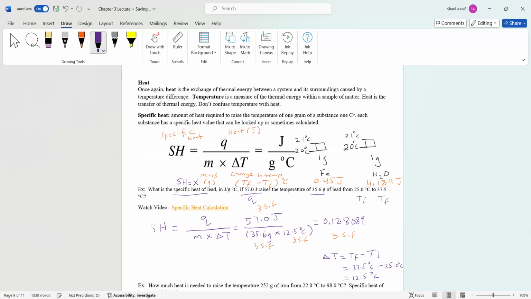Okay, so on and so forth. Now we need 3 sig figs, so that would be 1, 2, 3. So what comes after the 8 is a 0, so it doesn't make any difference. So in this case, we have 0.128 joules per gram Celsius.